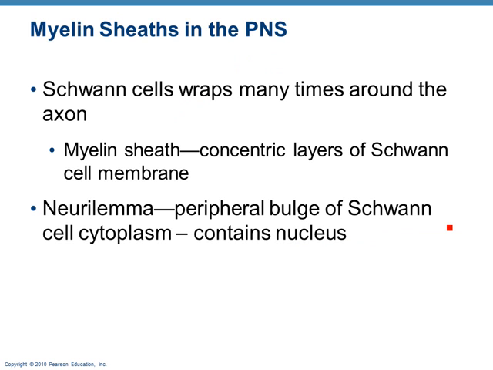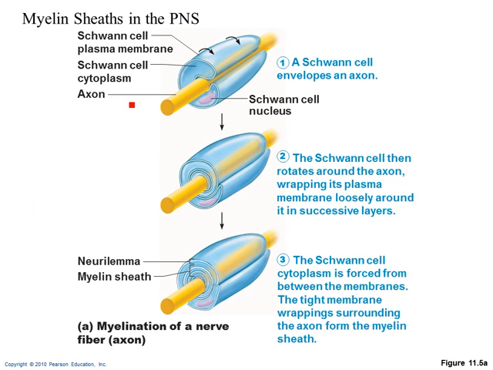All right. In the PNS, again, we have Schwann cells. I'm going to show you a picture of this. When you think of the Schwann cells, the way I like to think about it, imagine a biscuit dough or pizza dough, okay, and put a marble on it. All right, and the marble is the nucleus. Now spread that out really thin.